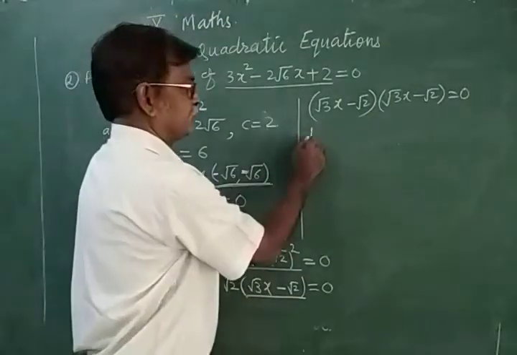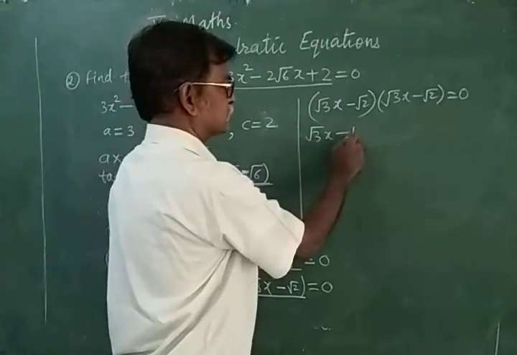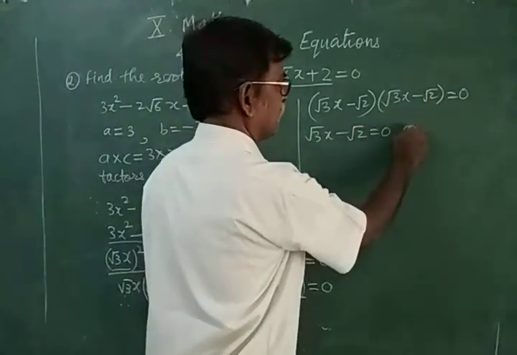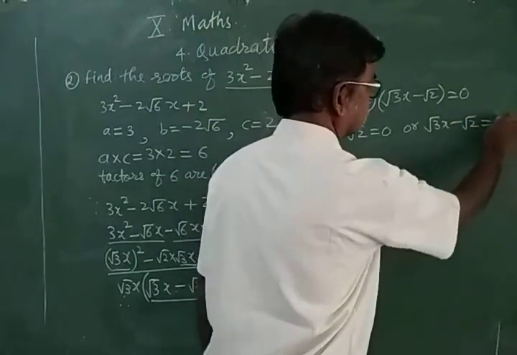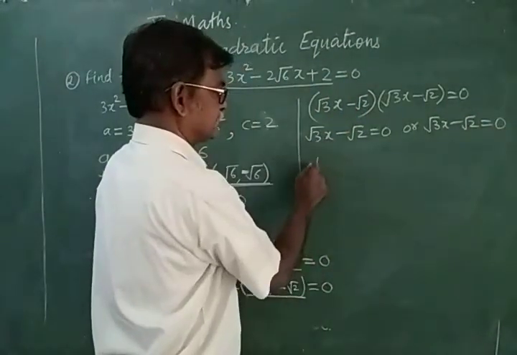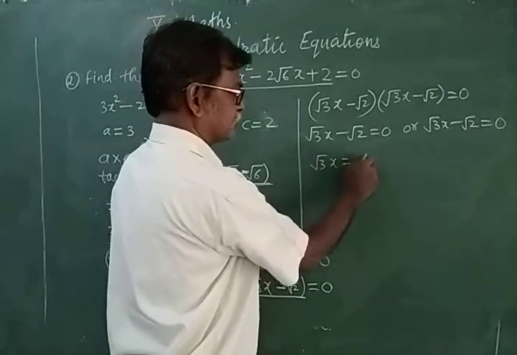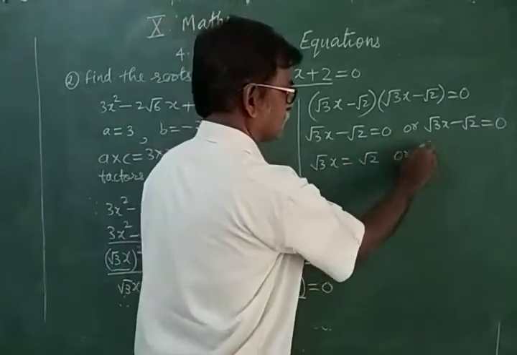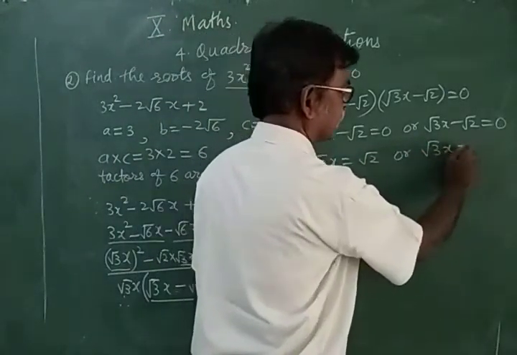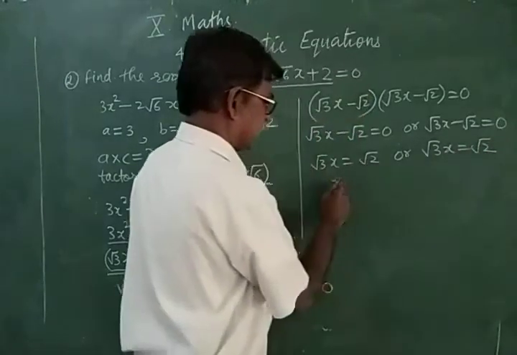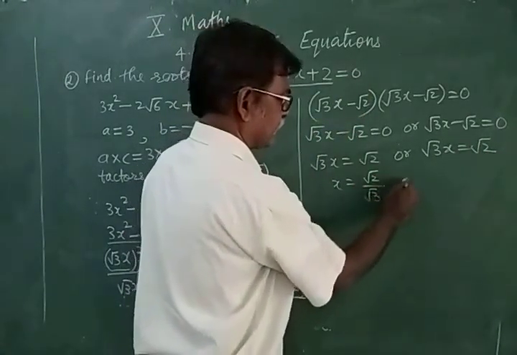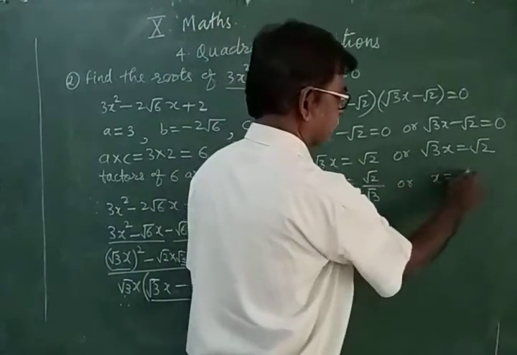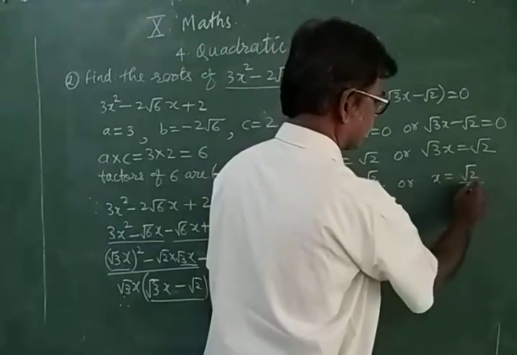Now, root 3x minus root 2 is equal to 0, or root 3x minus root 2 is equal to 0. So it is root 3x is equal to root 2, or root 3x is equal to root 2. So x is equal to root 2 by root 3, or x is equal to root 2 by root 3.